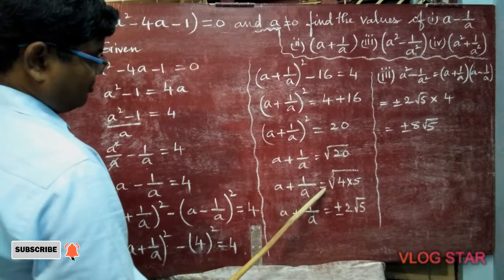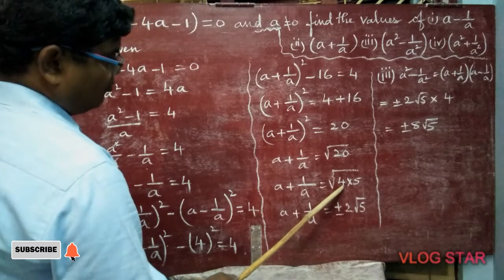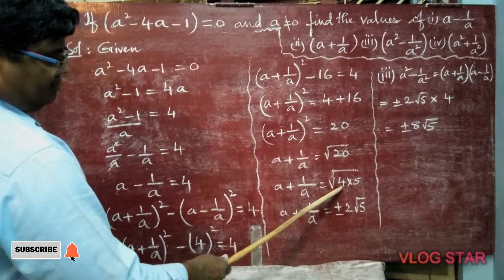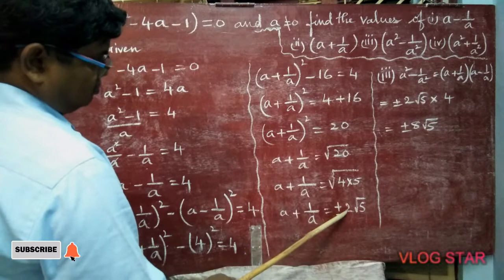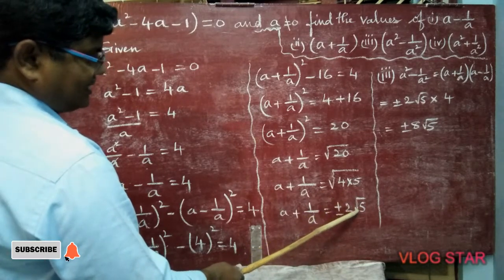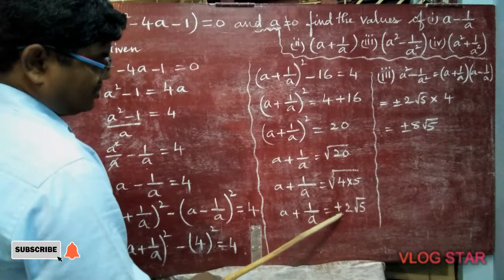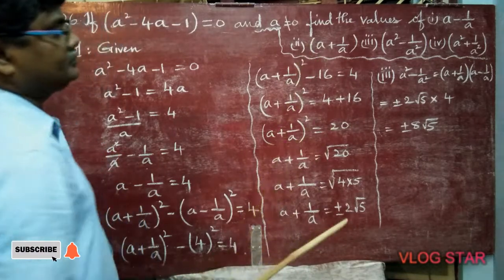So a plus 1 by a is equal to the square root of 20. What are the factors of 20? 4 fives are 20. Why a root? Because 4 is a perfect square. What is the square root of 4? 2. For 5 there is no perfect square, so it is an irrational number. So the value of a plus 1 by a is plus or minus 2 root 5.